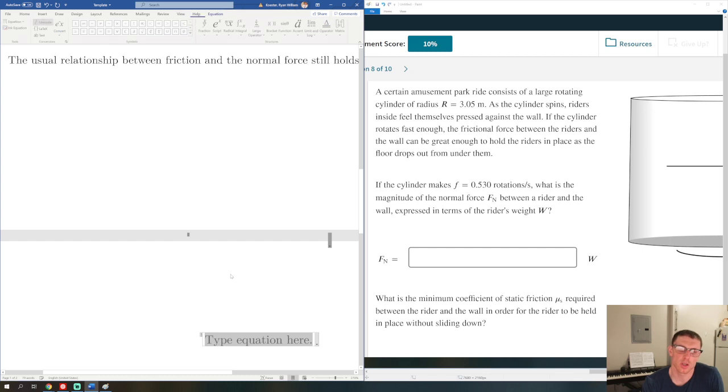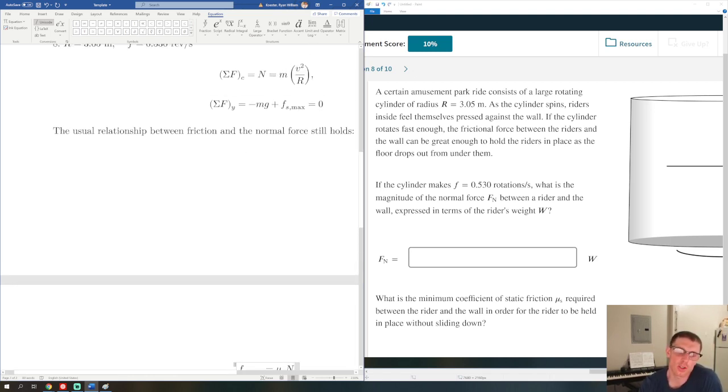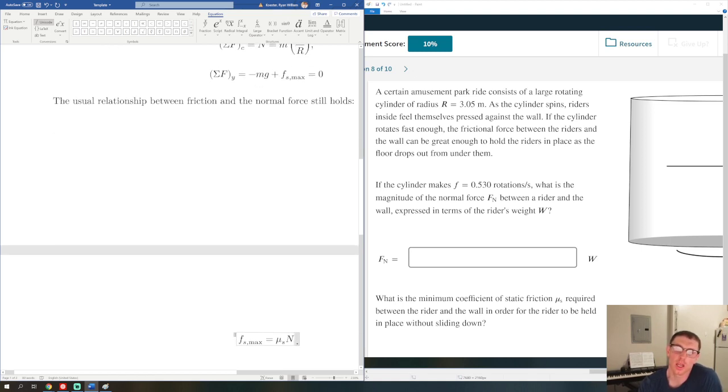And that is, remember, that the maximum friction force is equal to the coefficient times the normal force, right? And we already found the normal force because we wrote it for our centripetal force equation. And so remember that that was just found to be mv squared over r, right?